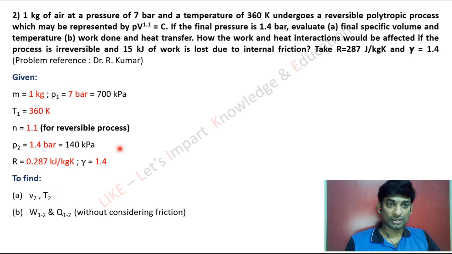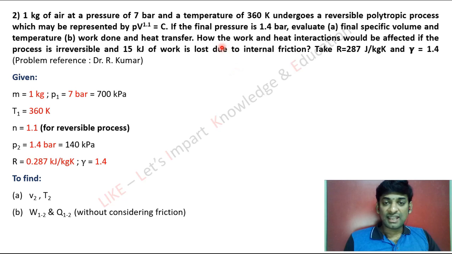This is very important. In case 1, you have to calculate work done and heat transfer for the reversible process, W1-2 and Q1-2. 1 to 2 means between inlet and outlet, or from state 1 to state 2. W1-2 and Q1-2 for the reversible process, that is without considering friction.